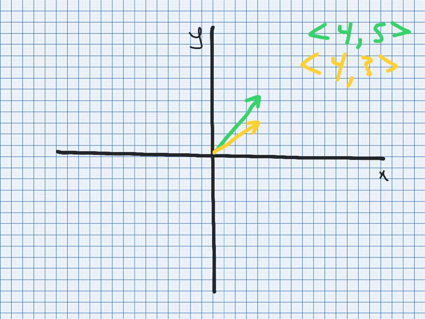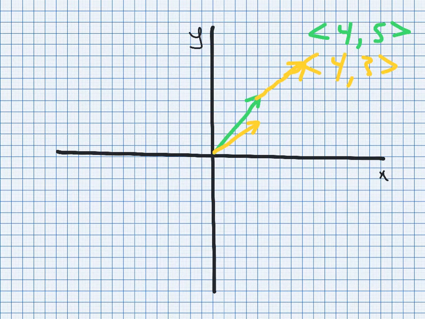Well, there's a couple ways that we can do this. Now, I'm going to show you graphically. I go over 4, so 1, 2, 3, 4, and then up 3, 1, 2, 3. And I draw from the tail of the one vector to the tip of this new vector.